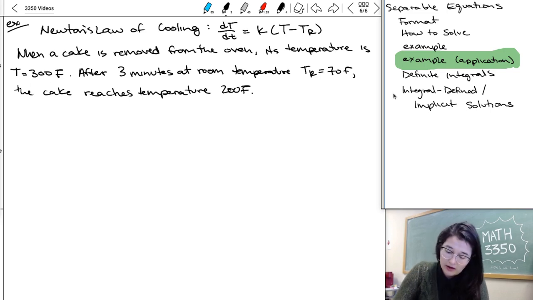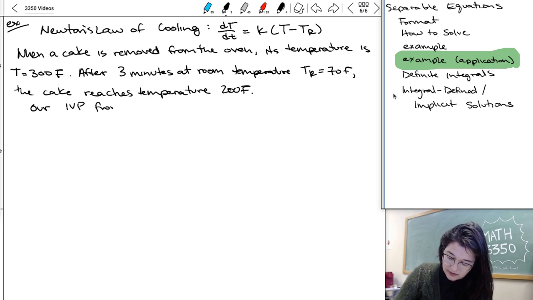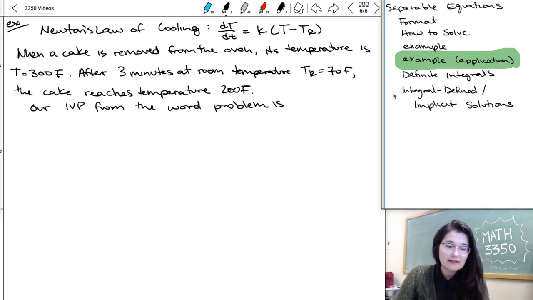And so our initial value problem from the word problem is that we need to find a differential equation, which is Newton's law of cooling, and we need to find an initial condition.